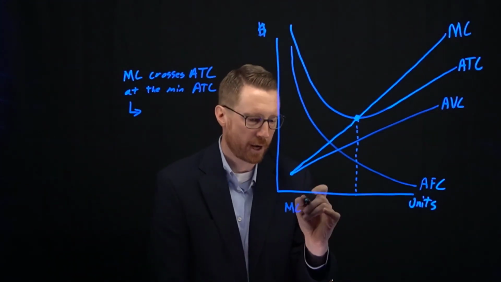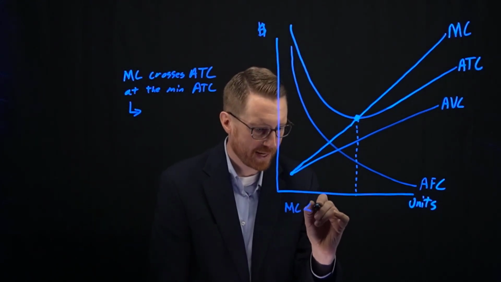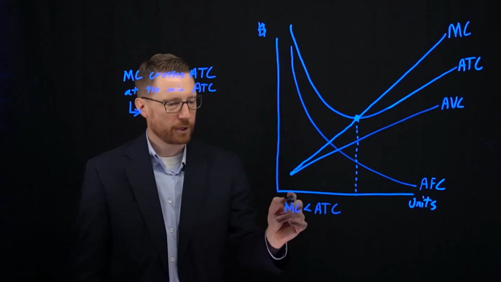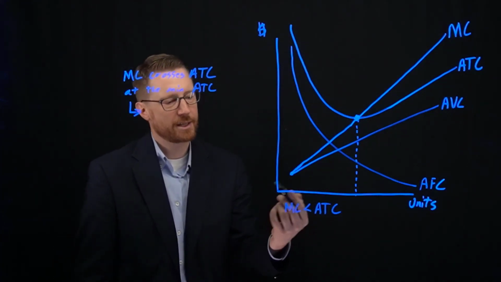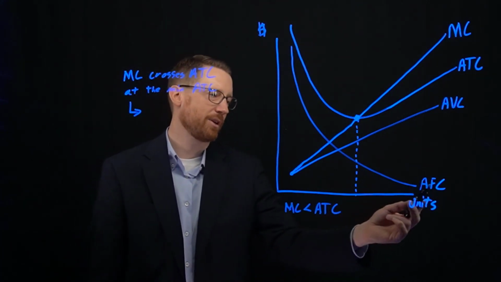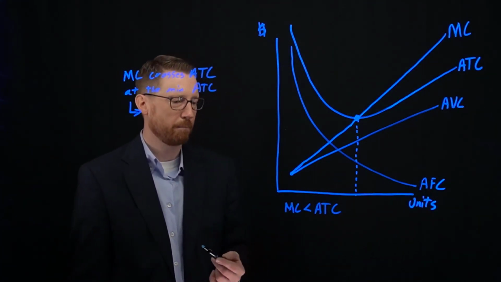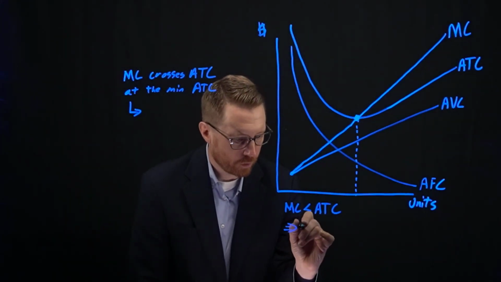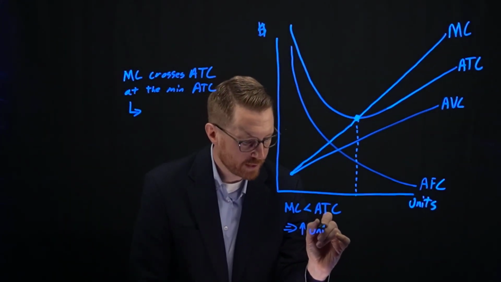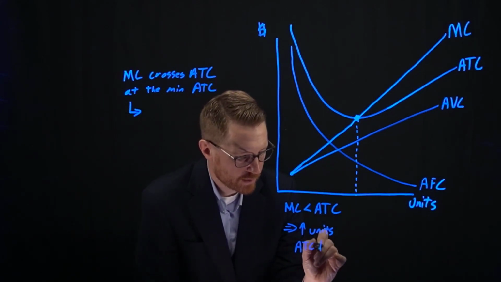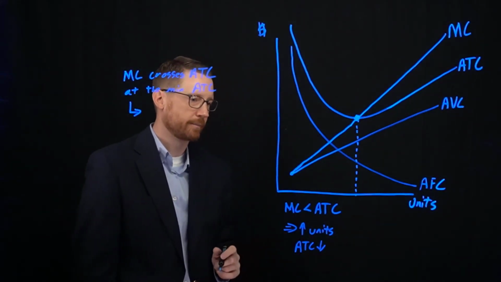Our marginal cost is less than the average total cost. So the cost of producing an extra unit is less than the average cost of units. Well, why is that the case? Because you still have this fixed cost that's still pretty big per unit. So therefore, increasing units means that average total cost decreases.